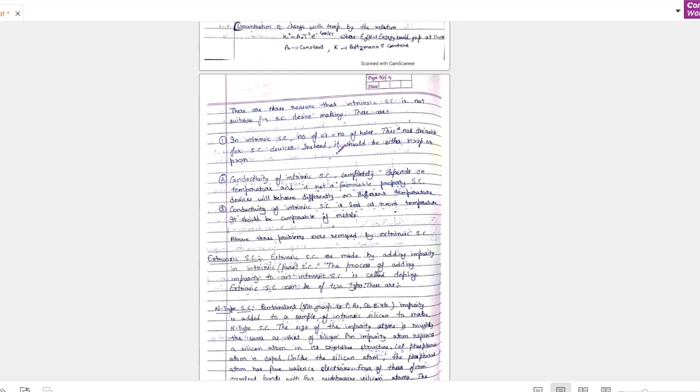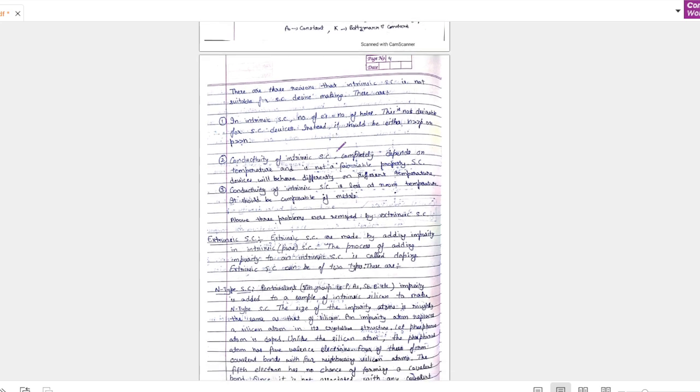The reason an intrinsic semiconductor is not suitable for semiconductor devices is that, as we already studied, the number of electrons equals the number of holes. This is not desirable for semiconductor devices.